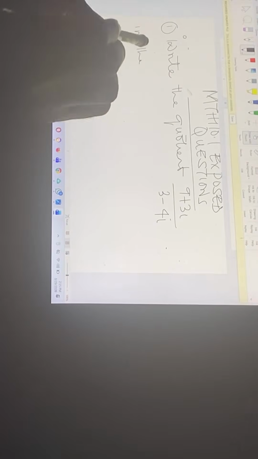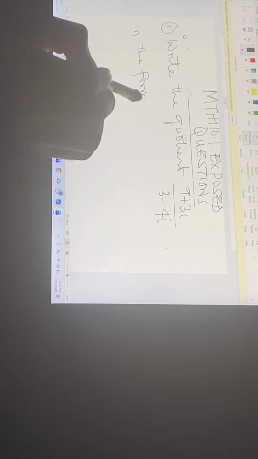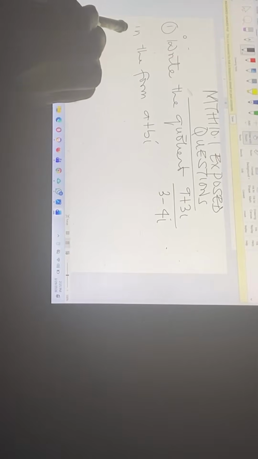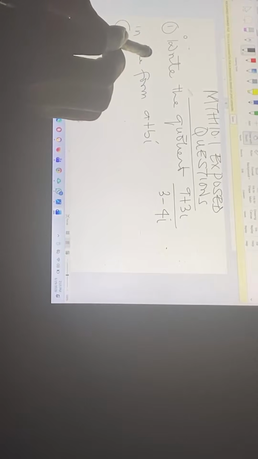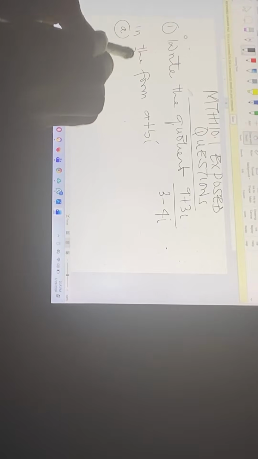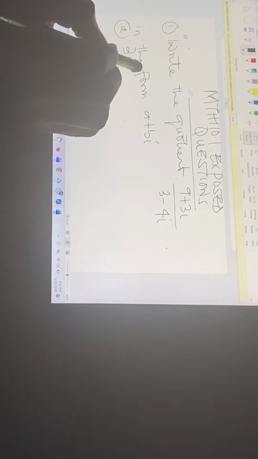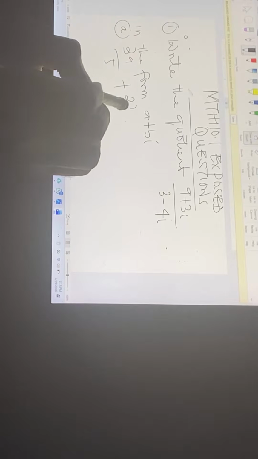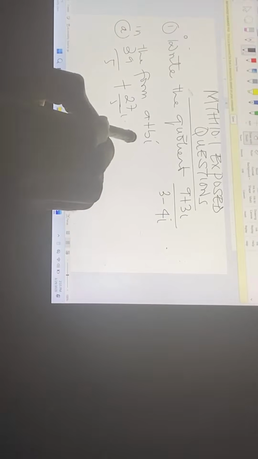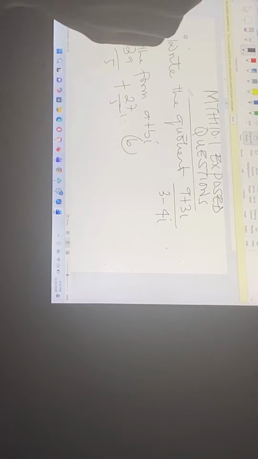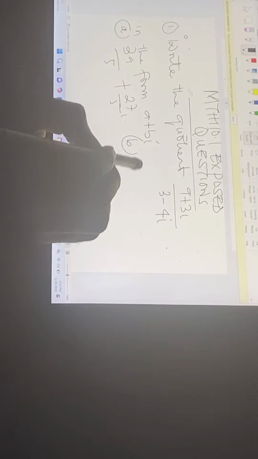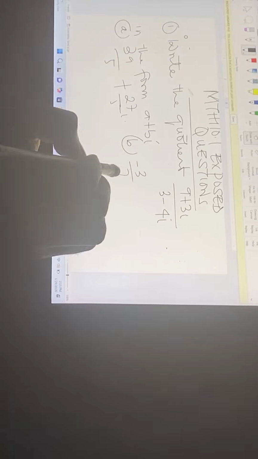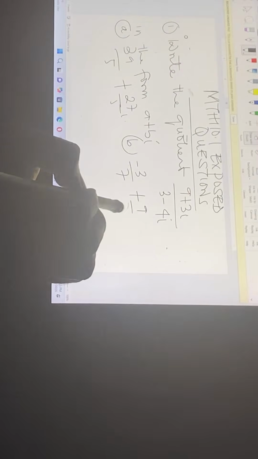In the form a plus bi. The options given to us here: A gave us 39 over 5 plus 27 over 5i. B, that is the second option here, minus 3 over 7 plus 9 over 7i.